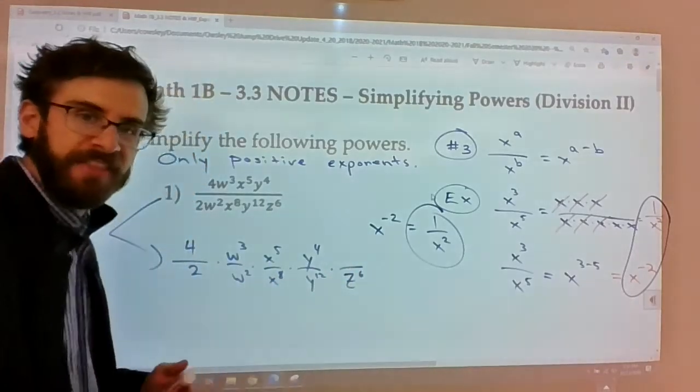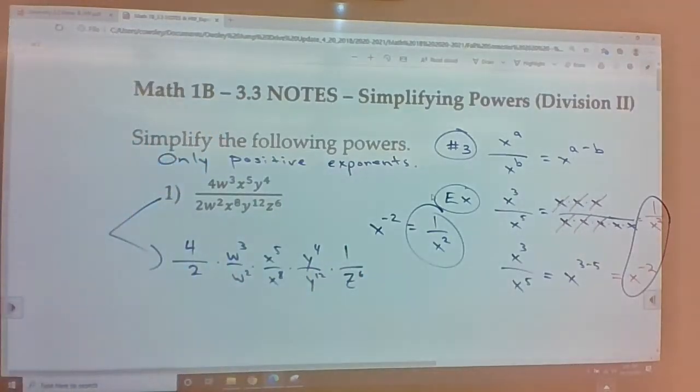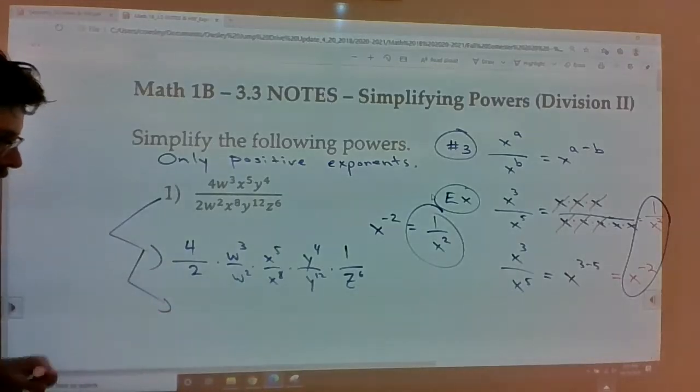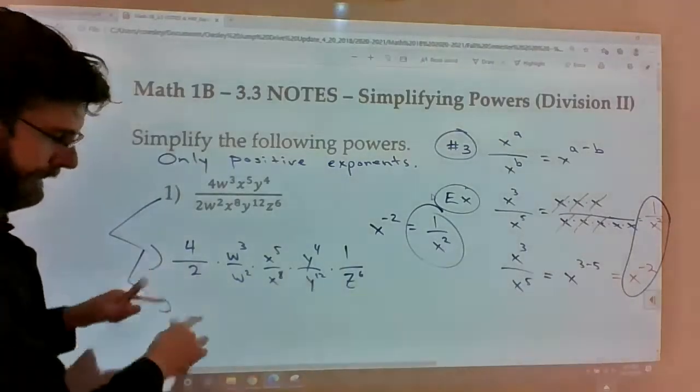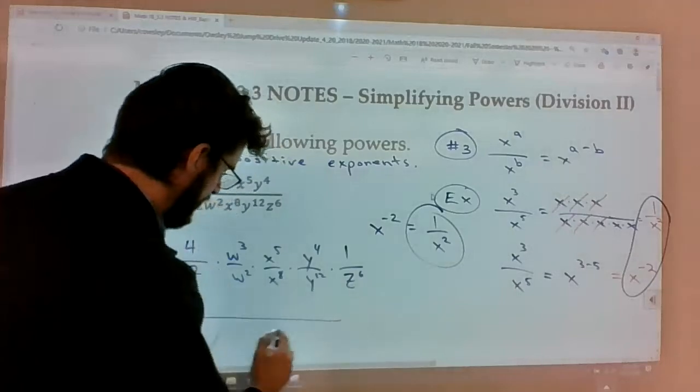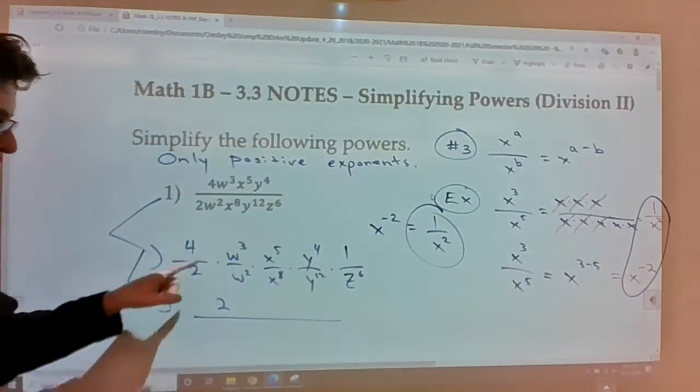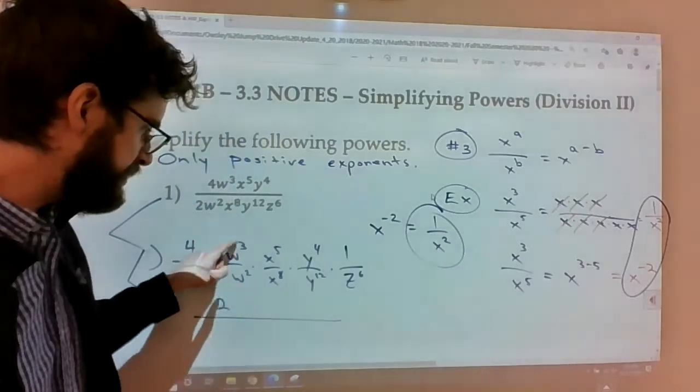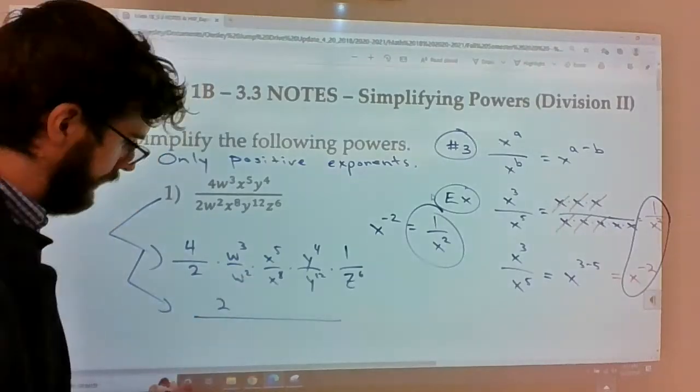So I just imply that there's a 1 on top. So 4 divided by 2 is 2. I'm just going to put 2 over 1. W to the 3 over W to the 2, subtract them, you get W to the 1.